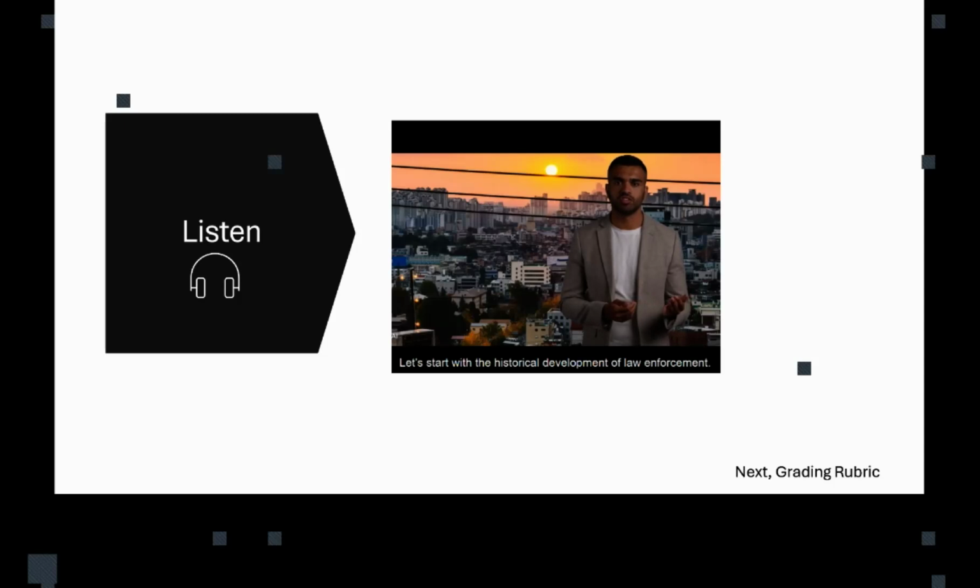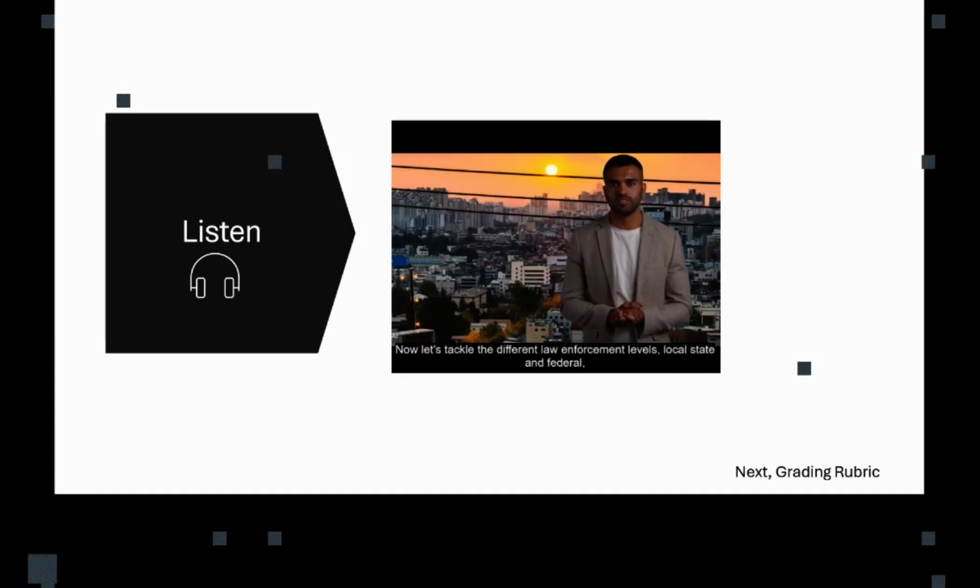Let's start with the historical development of law enforcement. Begin your presentation by taking the community on a journey through time. Highlight key milestones in the historical development of law enforcement. This could include the evolution of policing strategies, the establishment of formal police departments, and significant moments that shaped law enforcement's role in society.